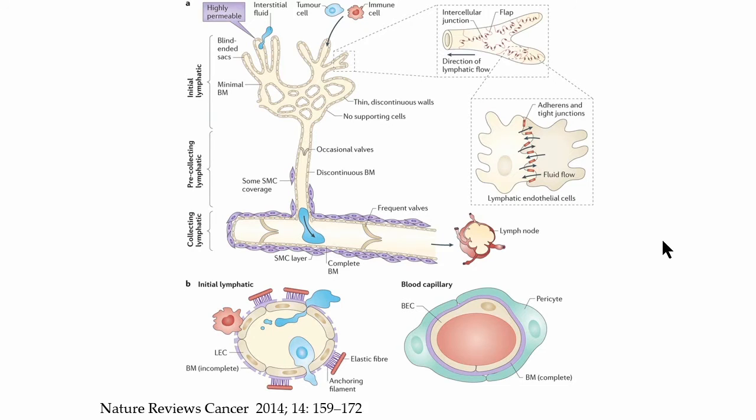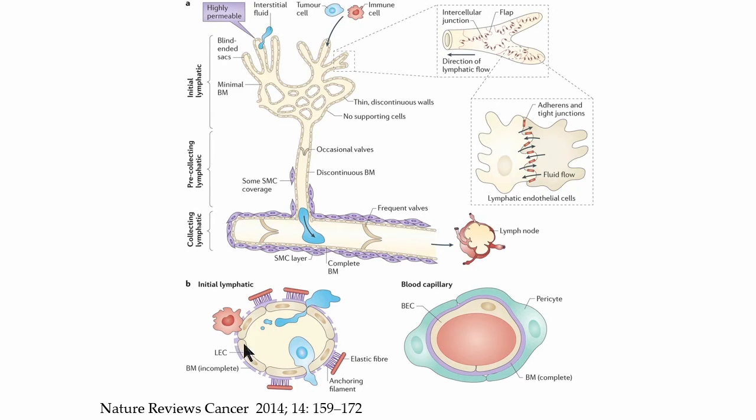So schematically, you can see depicted on this slide the various attributes of the lymphatic vasculature as orchestrated by the lymphatic endothelial cell. We're going to divide our consideration among the initial lymphatic, which is the other term that is used for a lymphatic capillary, the pre-collecting lymphatic, the collecting lymphatic.